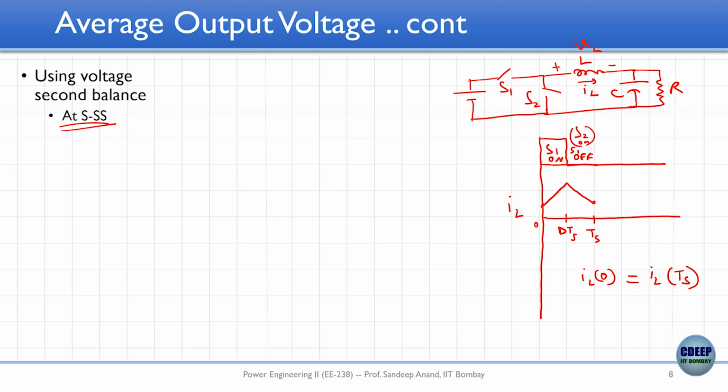Now let's draw the equivalent circuit of the top, bigger circuit for each of the zones, let's say, right. So the first period is period from time going from 0 to dTs, right, and the second period is time going from dTs to Ts, right. So the first period is this 1 and this is 2.